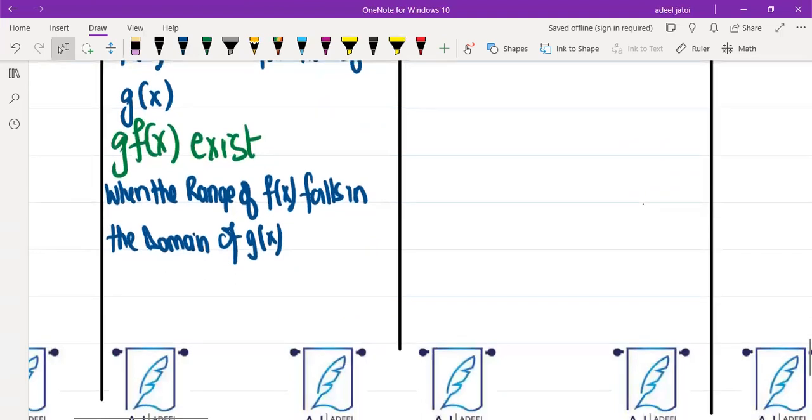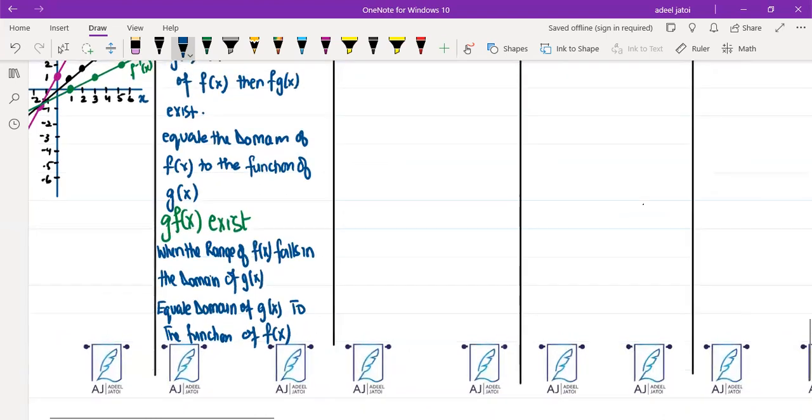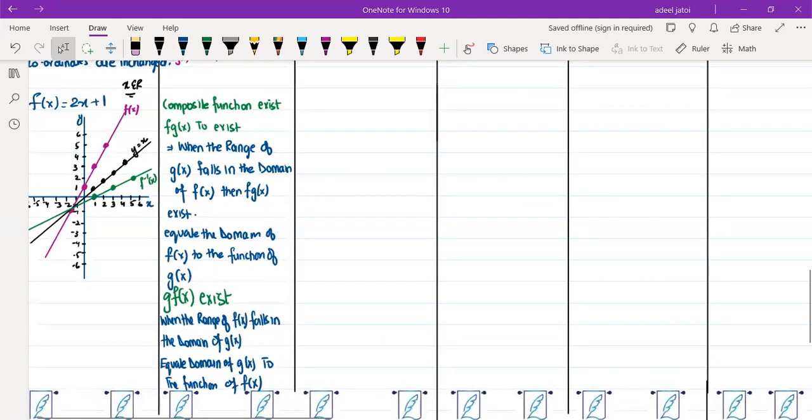Or we can always equate the domain of g(x) to the function of f(x).